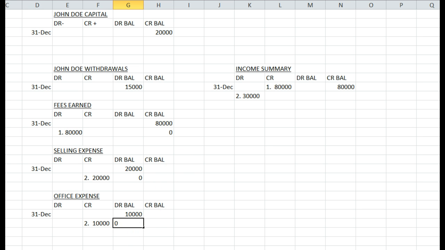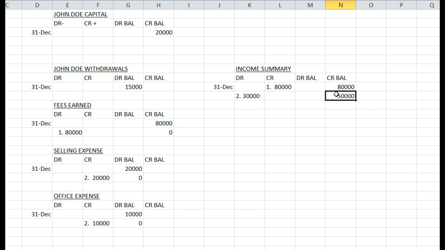So now both the revenues and the expense accounts are closed, and you can see one and two. The second entry created a profit. If you've got 80 as a revenue and 30 as an expense, you've got 50, which is the balance in that account at that point, which is the amount of the net income.